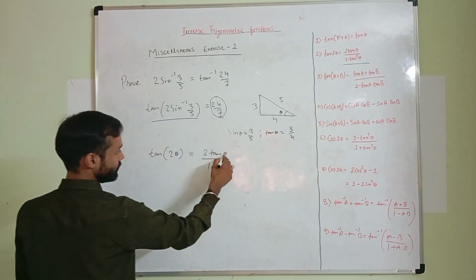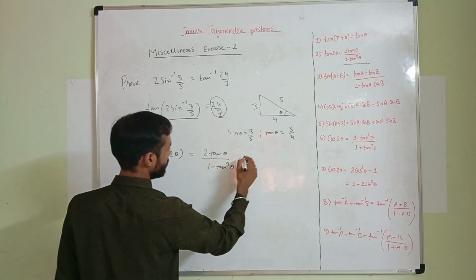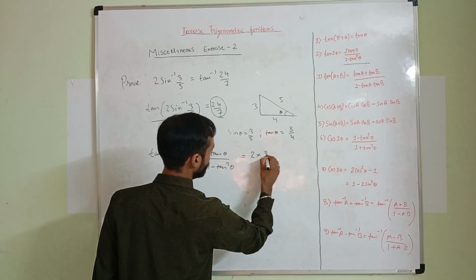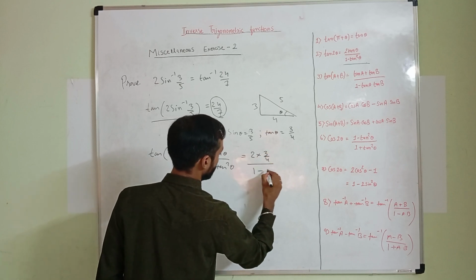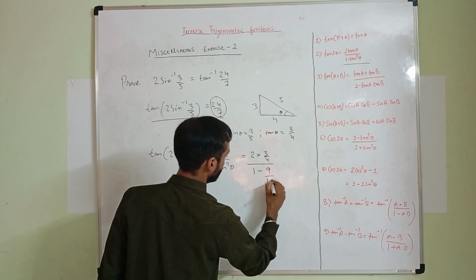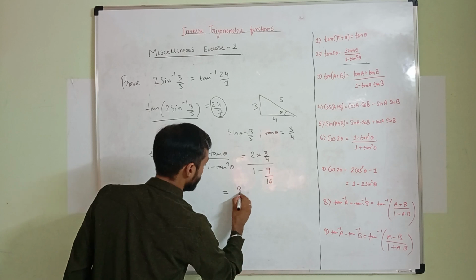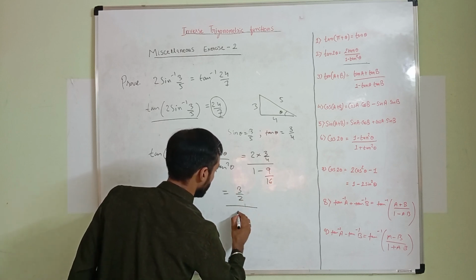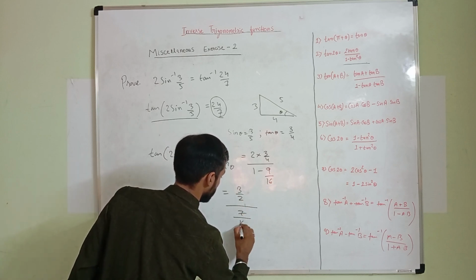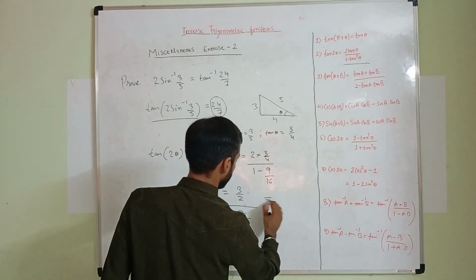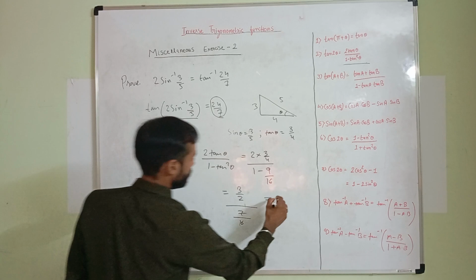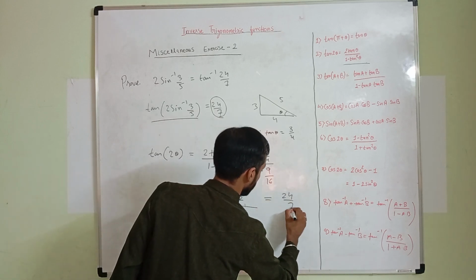Now replacing with the value of tan theta, it will be 2 into 3 by 4 upon 1 minus 9 by 16. Solving this, we get 3 by 2 upon 7 by 16. So by solving, ultimately we will get 24 by 7.